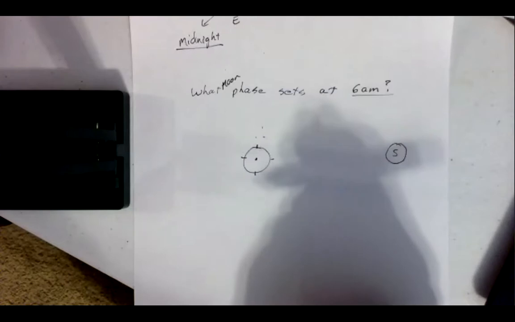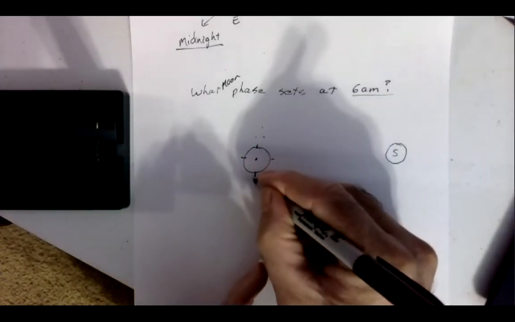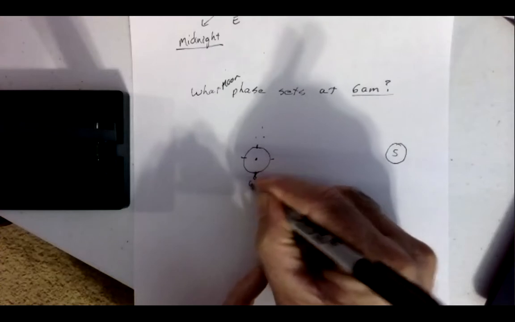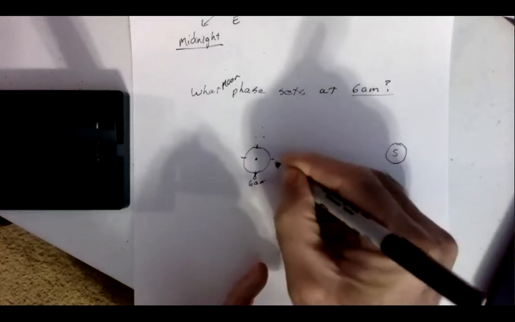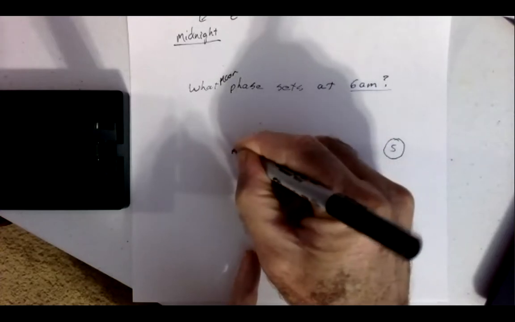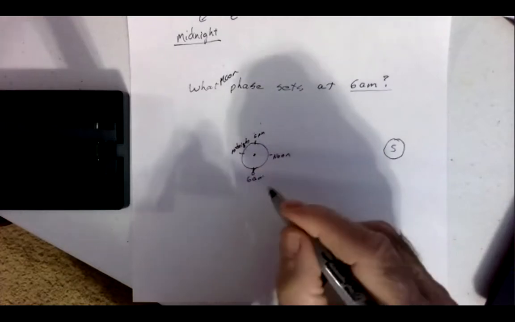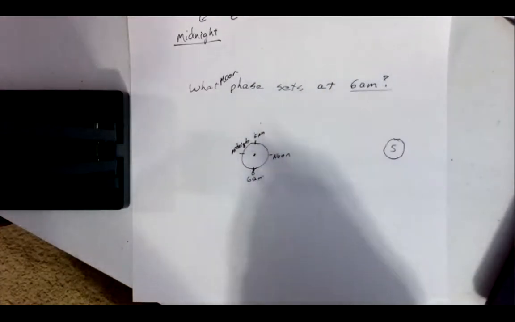He's going to be at the bottom. This is always 6 a.m. down here. So just memorize this. This is noon. This is 6 p.m. This is midnight. That never changes, right? So 6 a.m. is always going to be down there. So that's where I'm going to put him because it says 6 a.m.